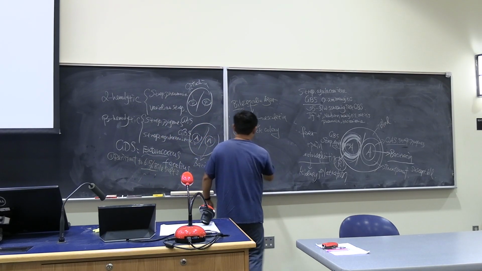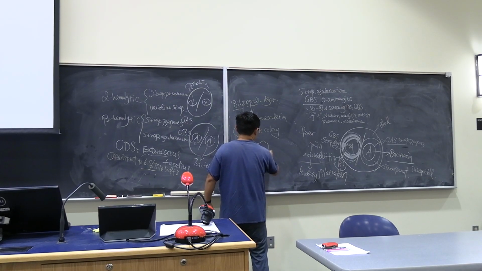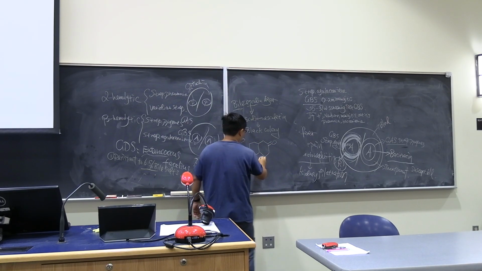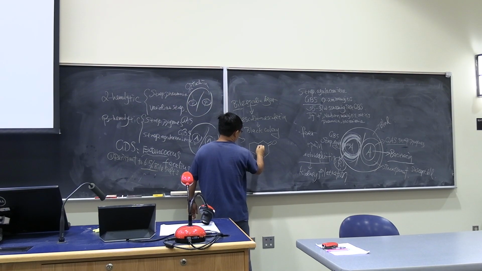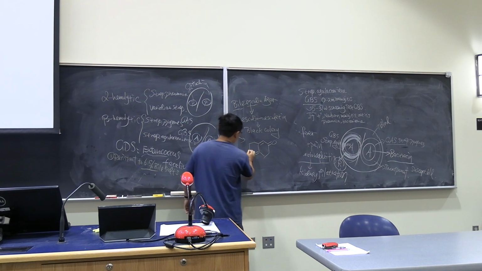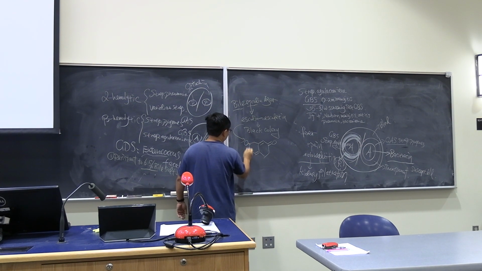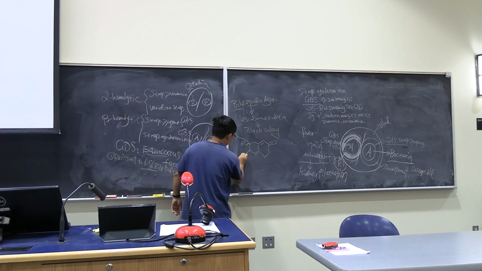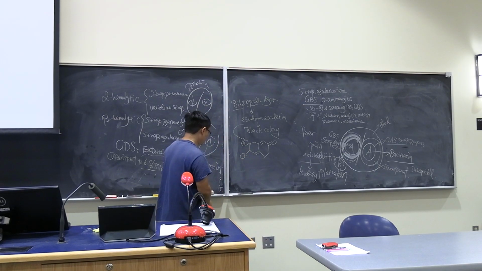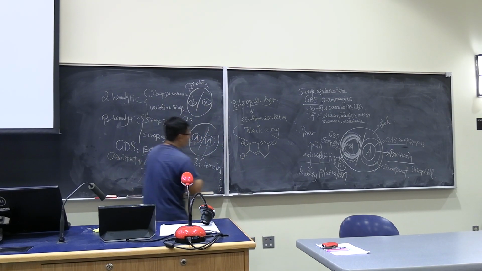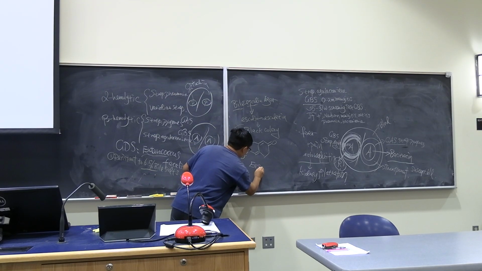This guy, if you want to, we can do about that. If I remember, it should be here, here, then this is O, H, this is O. Z is esculin.